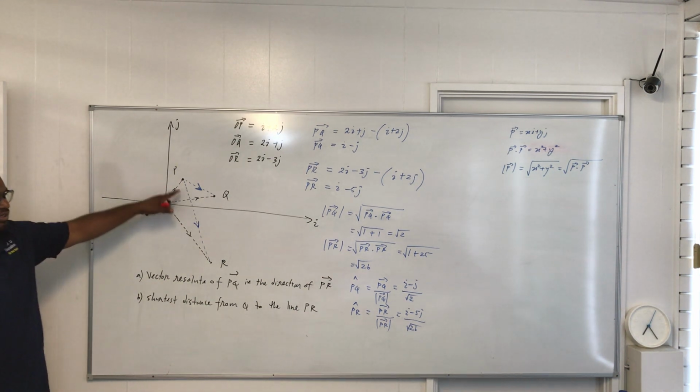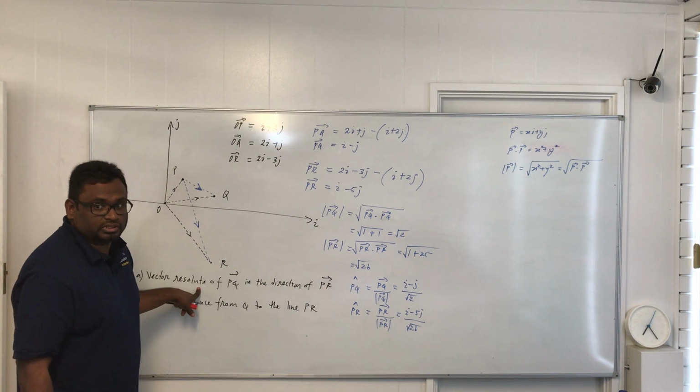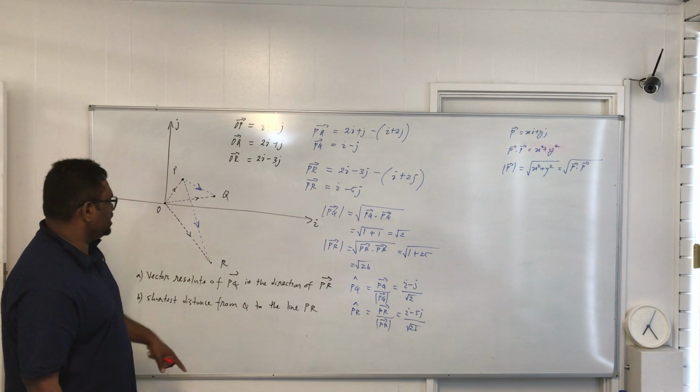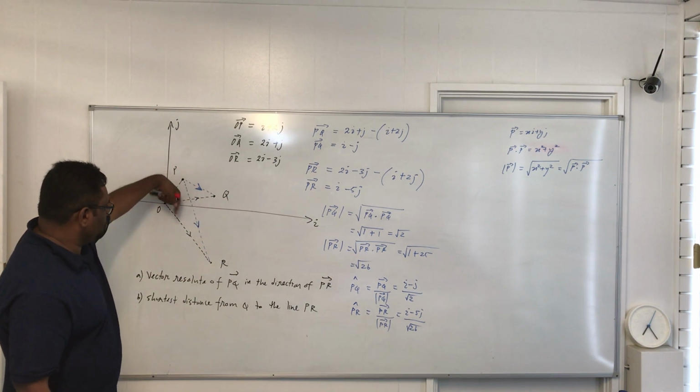Right? So now the question is the vector resolute. Understand what it is. Vector resolute of PQ in the direction of PR. That means you are bending PQ towards PR.